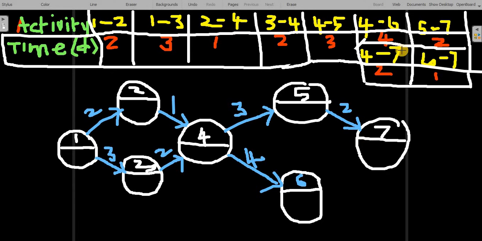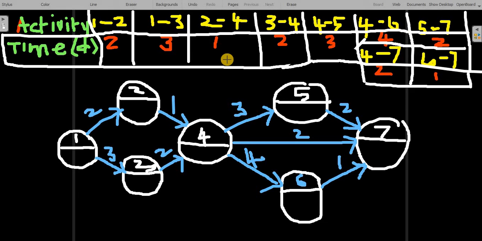Now the fourth event is connected to the seventh event. What is the time taken? 2 days. Last but not least, the sixth is connected to 7 by an activity and the time taken is 1. Okay, so this is the corresponding project network for the given data.